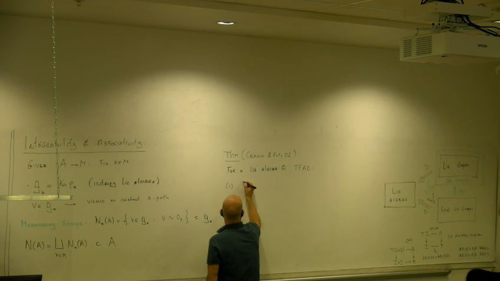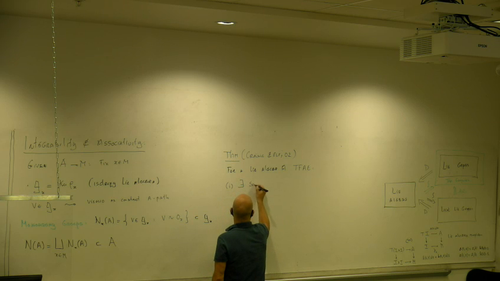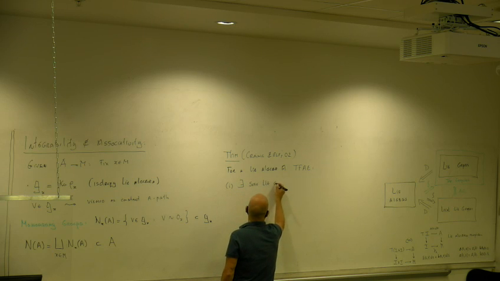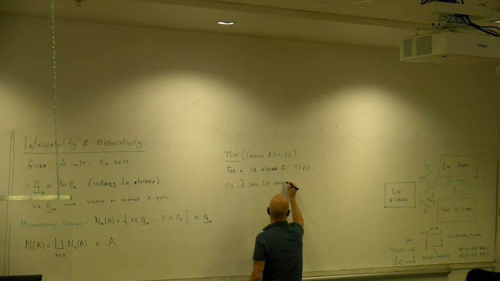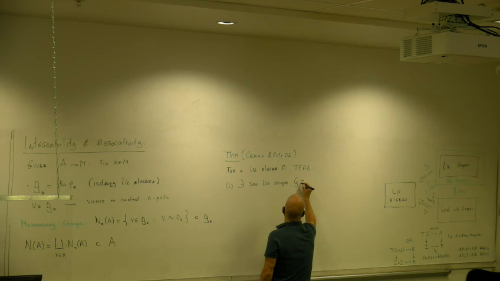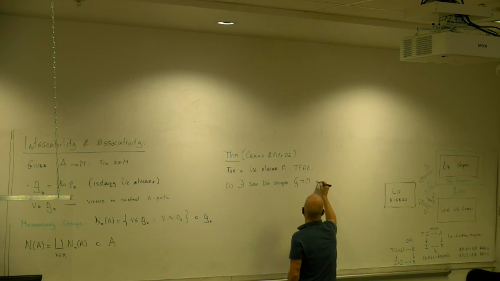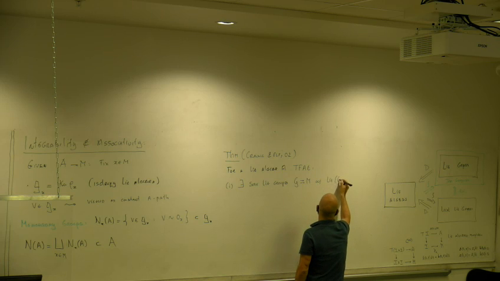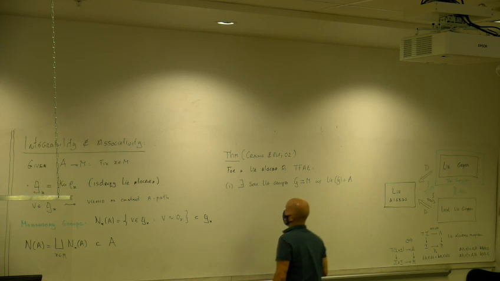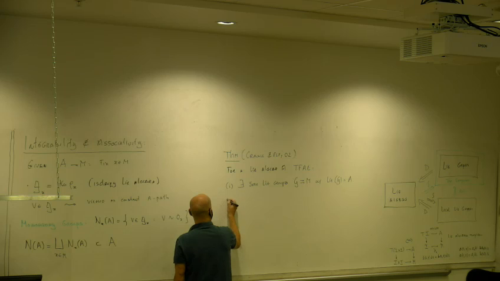One, there exists some Lie groupoid with Lie algebroid A, so that it differentiates to A.